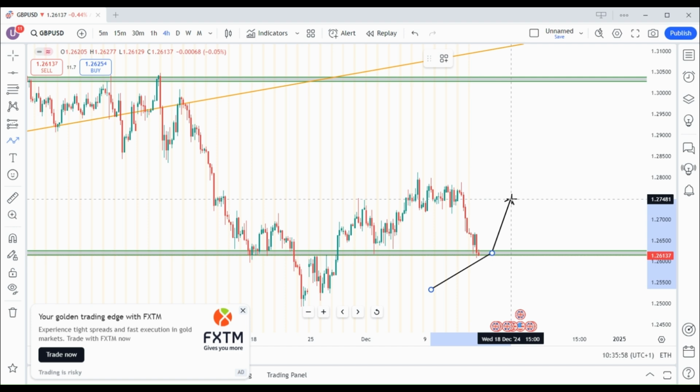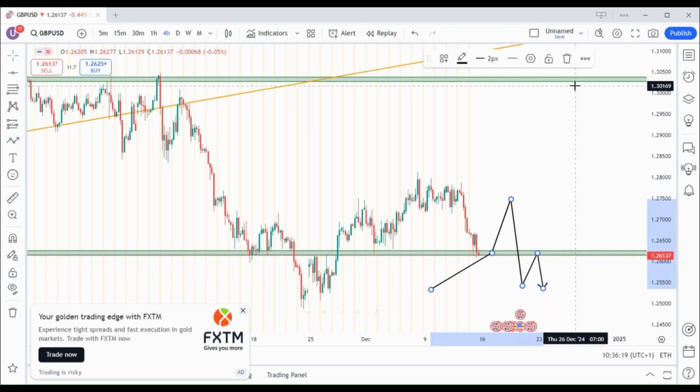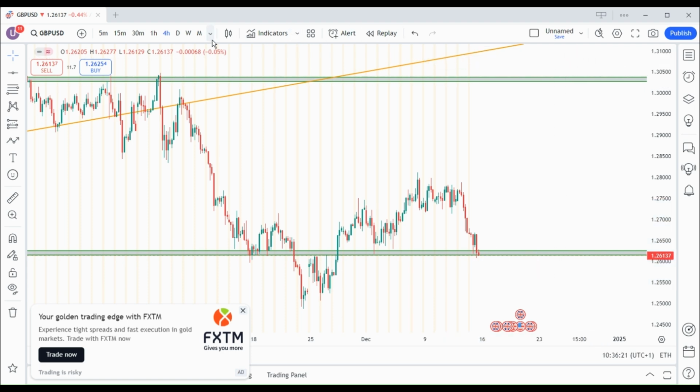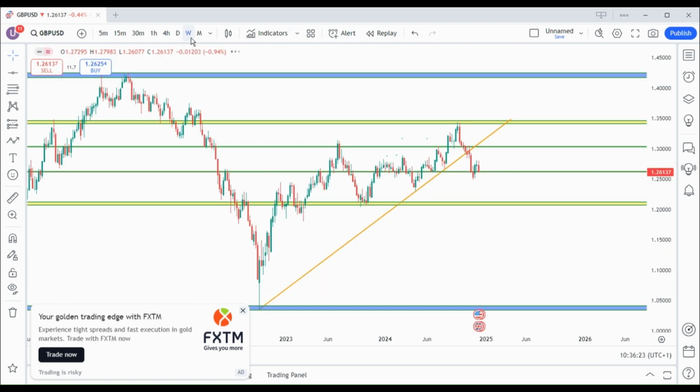But if price fails to move back to this zone, and if price breaks this mini support area, this zone now, we will allow it to retest this zone. Sorry, we'll not take our sell from this zone, but to where? To our weekly support level. See where we are holding this price to, because this price has shown us that we are moving down.